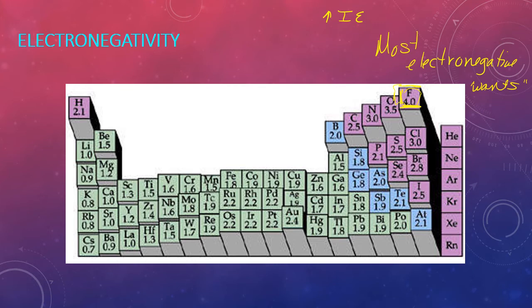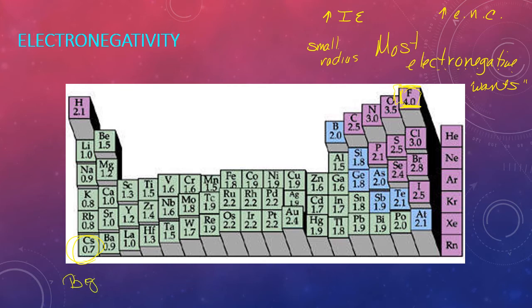And if you recall, fluorine also has a very small radius. It's a very, very small atom. He's got a very high effective nuclear charge, which is part of the reason he's small, has a high ionization energy, and is extremely electronegative. Super wants electrons. Cesium down here, not so much. It's a really big atom.